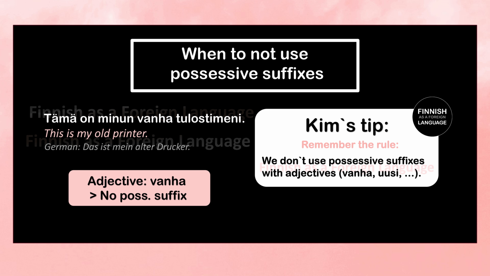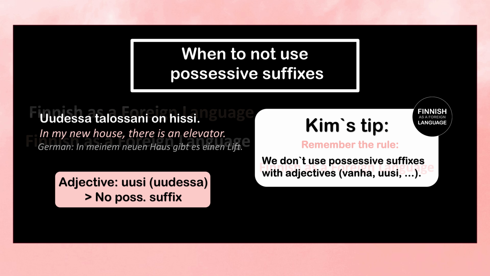Let's have another example. Uudessa talossani on hissi means in my new house there is an elevator. So uudessa here is the inessive case of the adjective uusi, which means new. So that means we are not going to add any possessive suffix to it. So we cannot say uudessani here. Let's repeat.